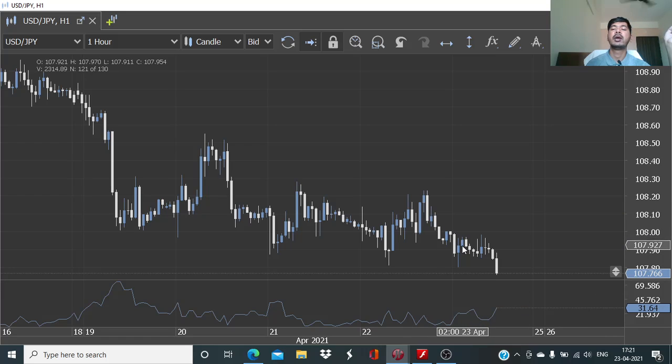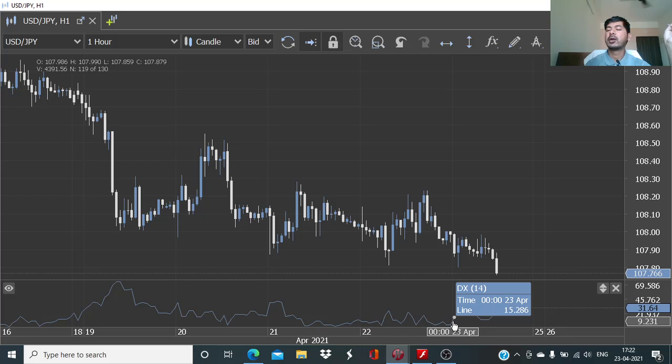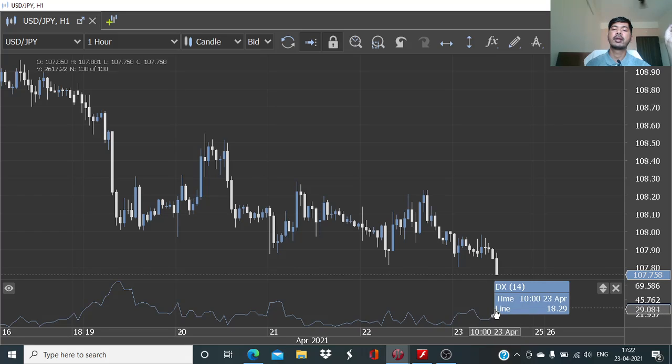So you can simply say that whenever the DX value jumps above 25, and it should be happening in quick succession, that means the DX value should be doubling in the last 2 hours, and the last hour's output value should be above 25. That will give us the idea that the trend is fairly strong.